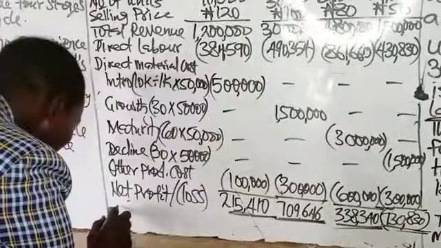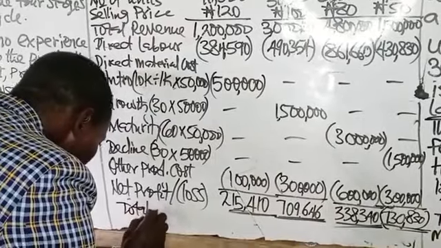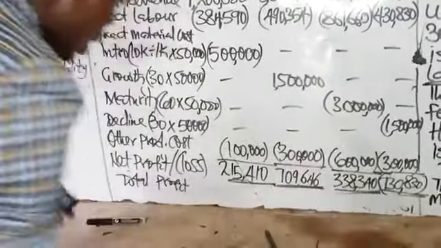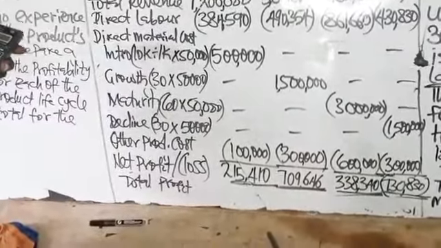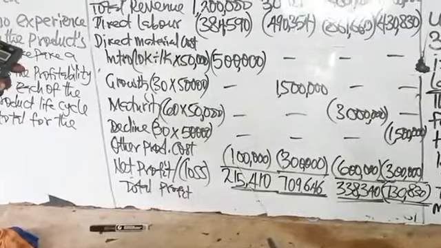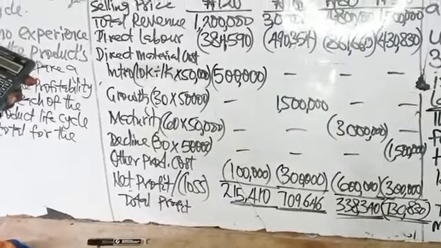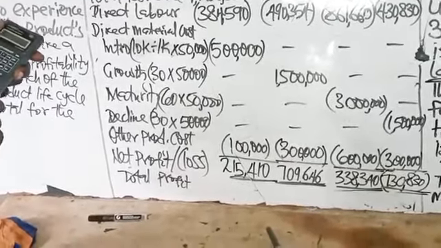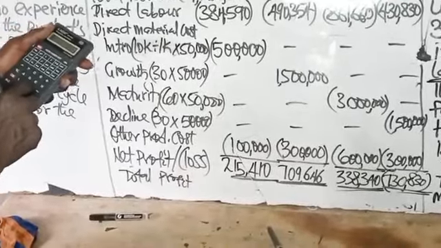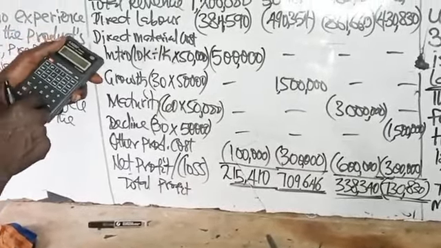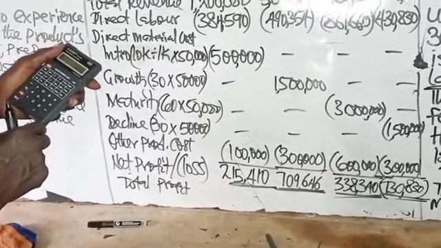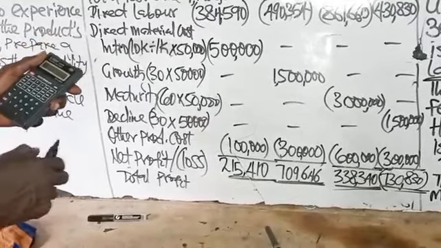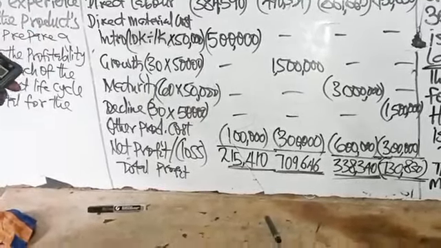How much is now the total profit? Add all this profit and subtract the loss. 215,410 plus 709,646 plus 338,340, minus 730,830.